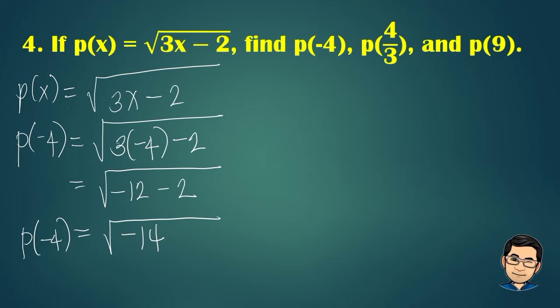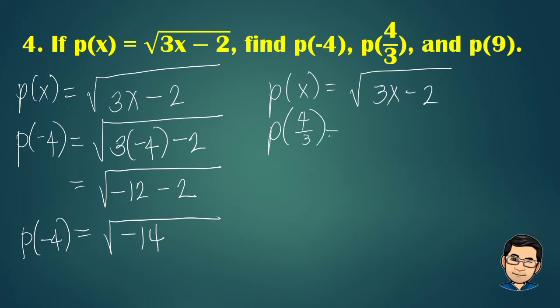Next, p of x is equal to the square root of 3x minus 2. Now, we substitute 4 over 3 to the given function. P of 4 over 3 is equal to the square root of 3 times 4 over 3 minus 2.